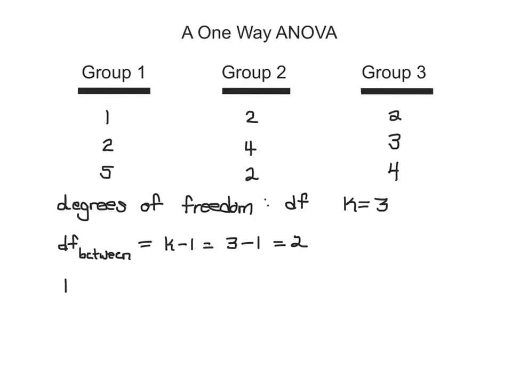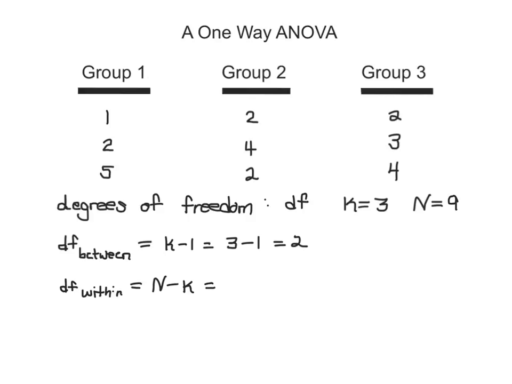Now we need to find the degrees of freedom within. The degrees of freedom within is equal to n minus k, where n is our total number of values, and we can see that we have 3 plus 3 plus 3, or 3 times 3, which is 9 values, so n is 9.